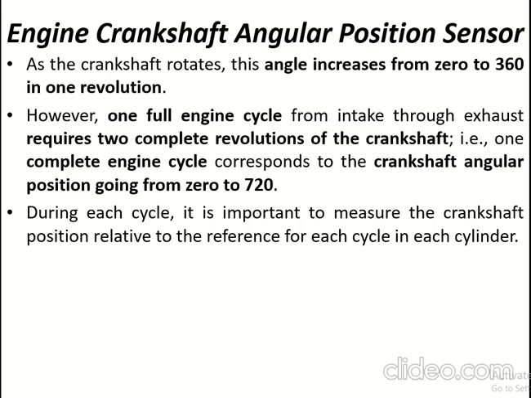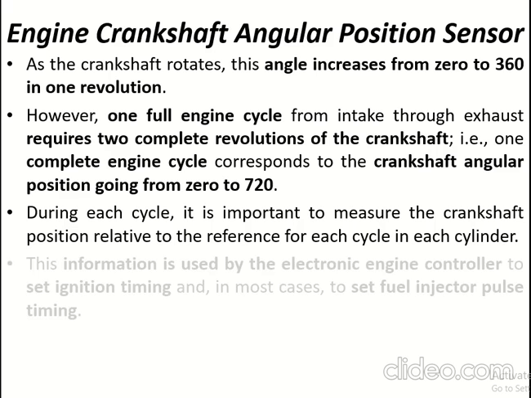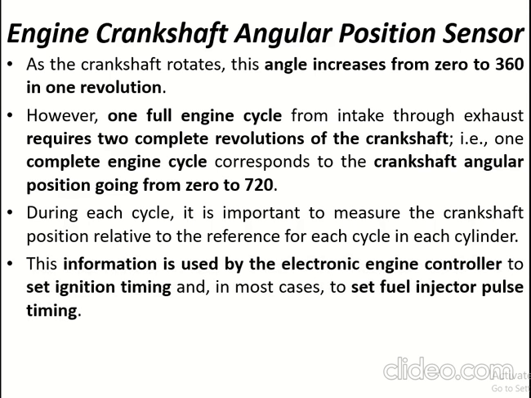During each cycle, it is important to measure the crankshaft position relative to the reference for each cylinder. This information is used by the electronic engine controller to set ignition timing, and in most cases to set fuel injector pulse timing.